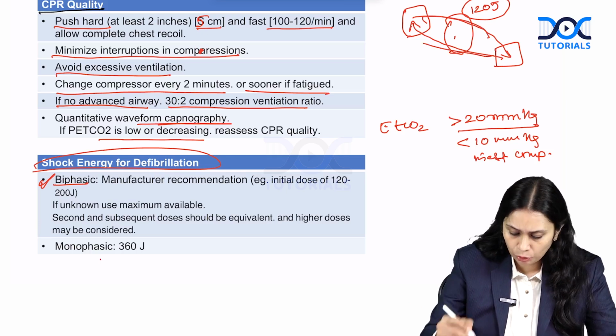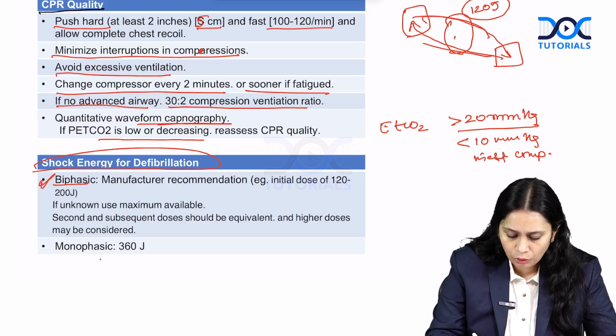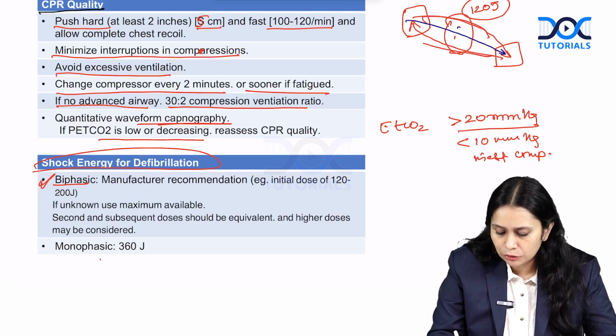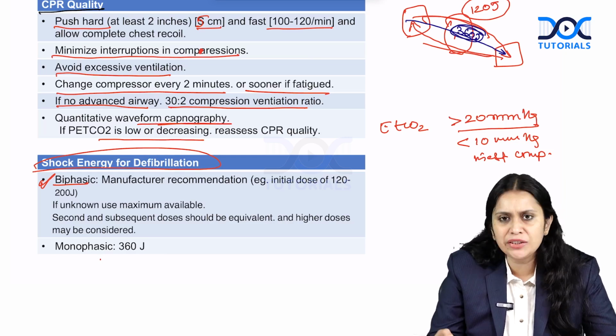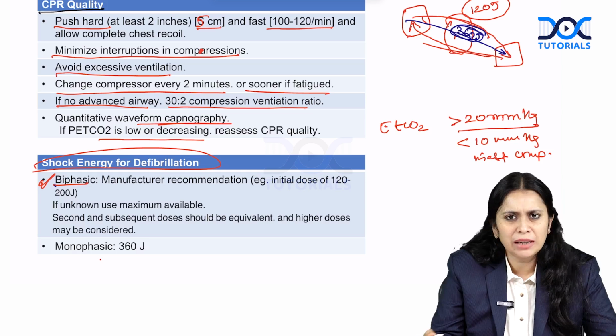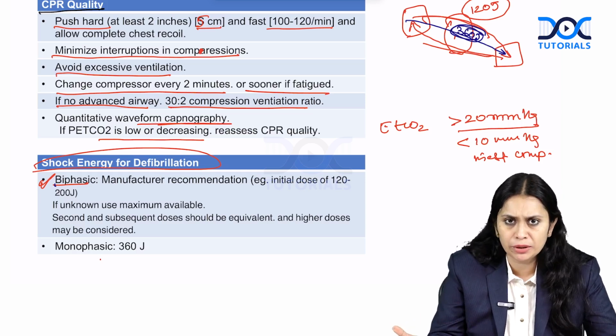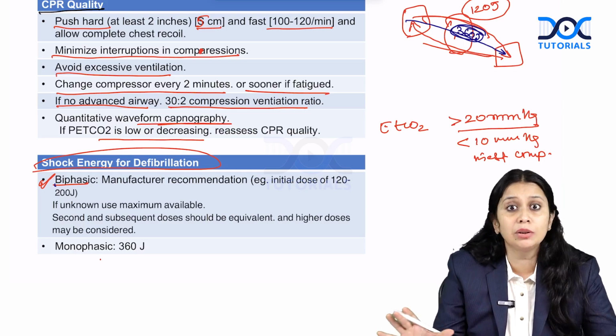But in monophasic, the current passes only once. So we need a high energy current for making the heart stop. If you use high energy, it has its own repercussions, and even if you resuscitate the patient, there are some other complications which can happen. But of course, when we are doing resuscitation, we don't care about other complications.